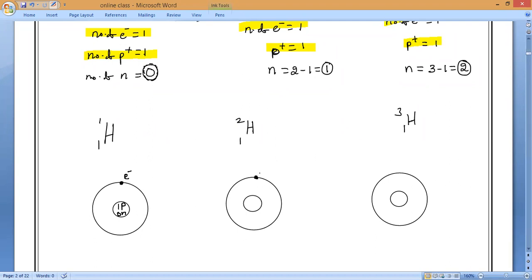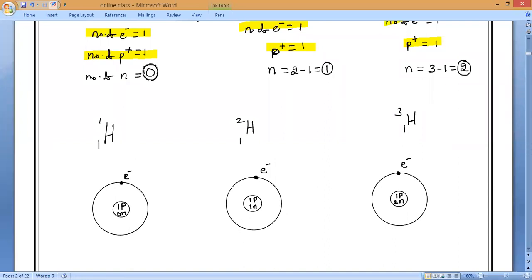Here also one electron. Number of protons 1, number of neutrons 1. Same way, number of protons here, one proton. Number of neutrons, two neutrons. And electrons remain constant.